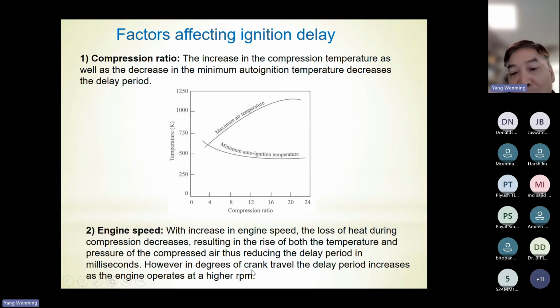However, in terms of crank angle, the ignition delay time will increase at higher engine speed, just as we had discussed already. So as we increase the engine speed, the ignition timing should be advanced.